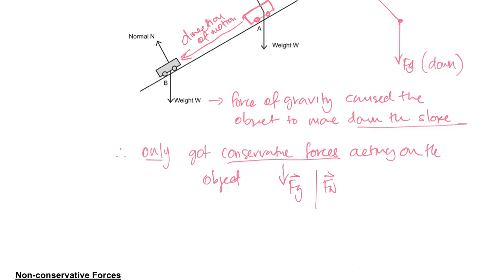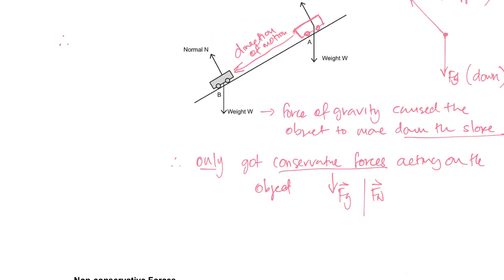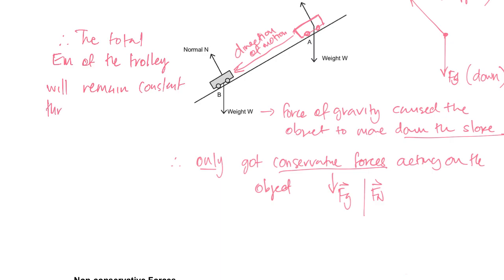So we can say therefore the total mechanical energy of the trolley will remain constant throughout the motion along the slope.